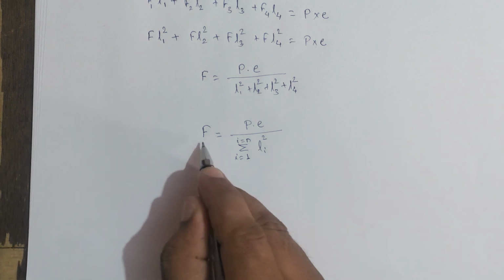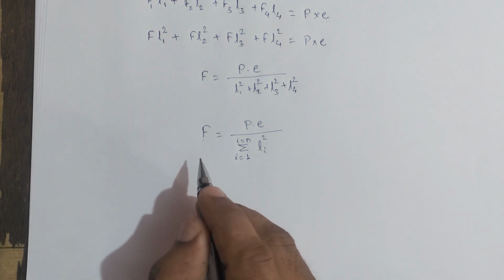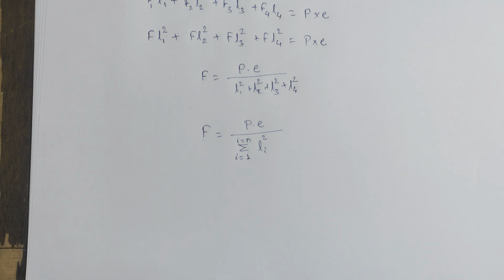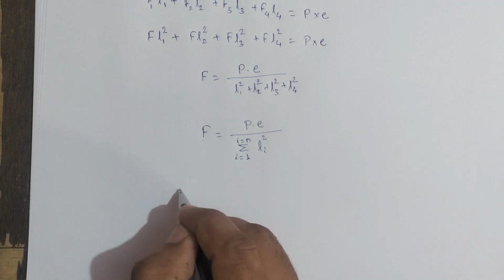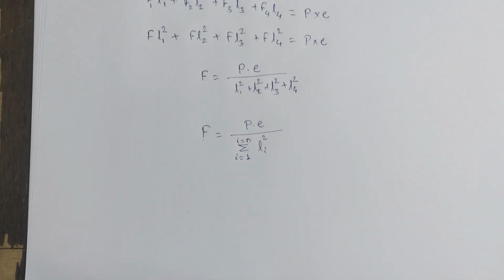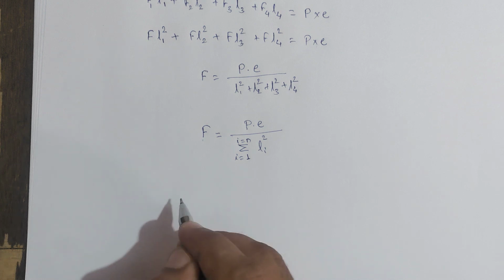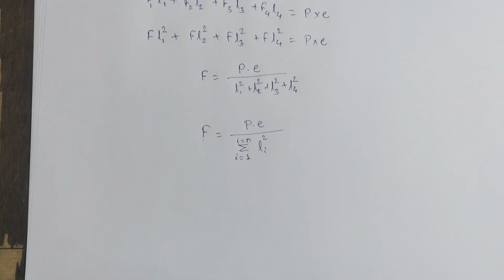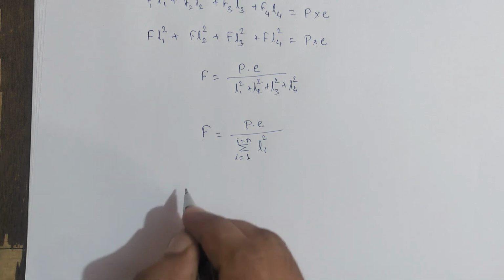So once we get this proportionality constant, then we can find the forces F1, F2, F3, F4 which are acting in each bolt, and from that we have to find the maximum amount of force acting in each bolt. Once we get in which bolt there is a maximum amount of force, we can design accordingly.